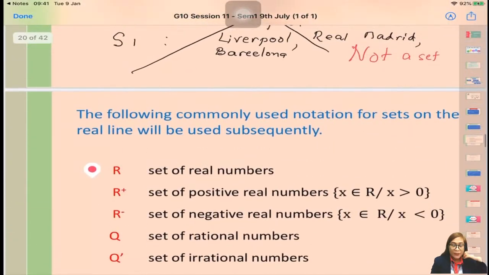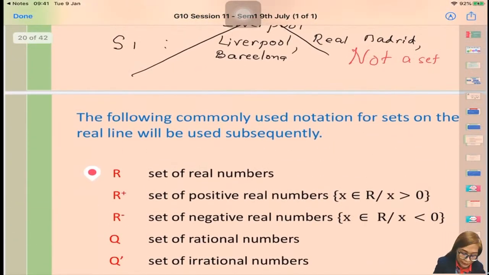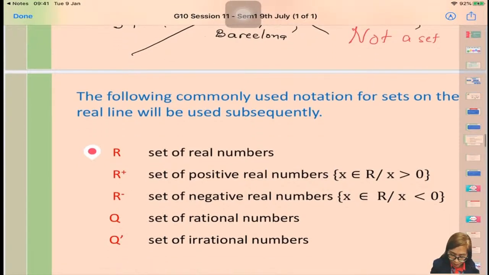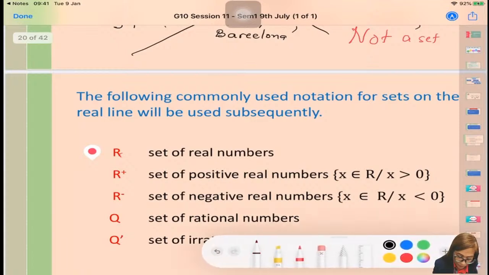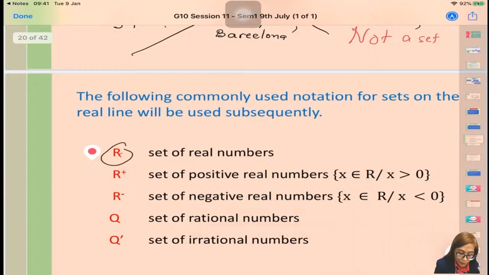Okay, we use these letters to denote the sets of numbers. Example are, this on the left side. Okay, this is for set of real numbers. This is positive real numbers. These are negative, the set of negative numbers. We use letter Q for set of rational numbers.